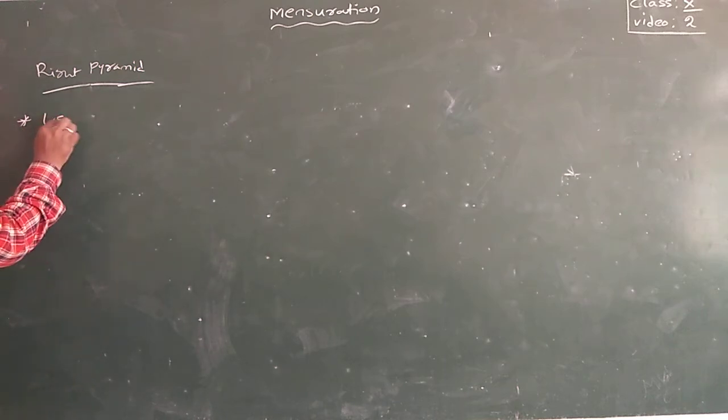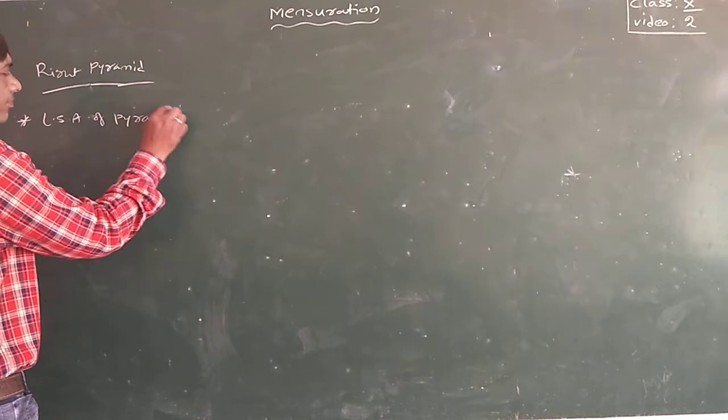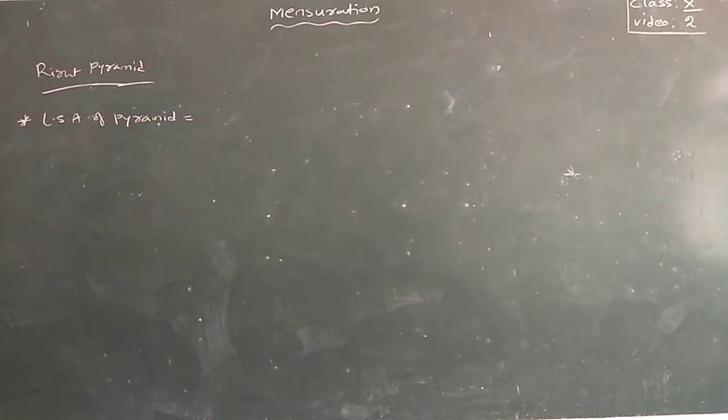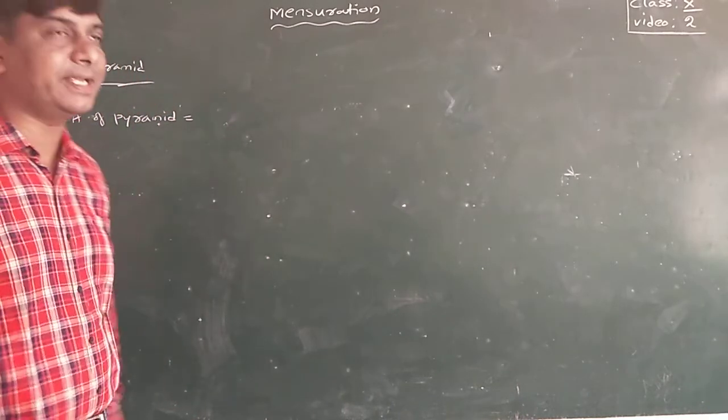Now LSA of a pyramid. For a prism it was perimeter of the base into height. But here it is half of the perimeter of the base into slant height. Why half of the base here?